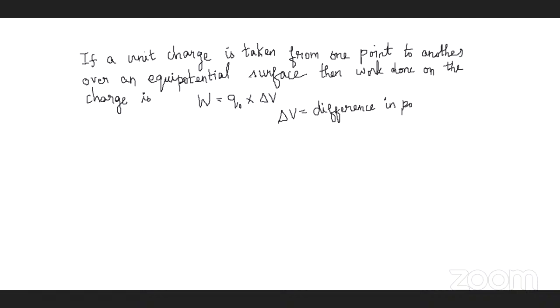So here we are talking about an equipotential surface. That means there won't be any difference in potential between any two points on the surface. So when you take an equipotential surface, there won't be any delta V. So delta V is 0. That's why the work done is also 0. Okay, so this is the reason for that.